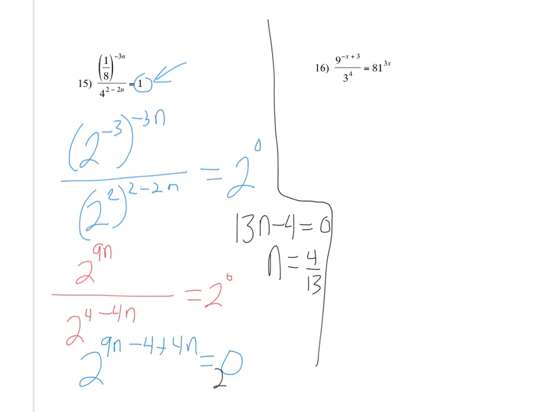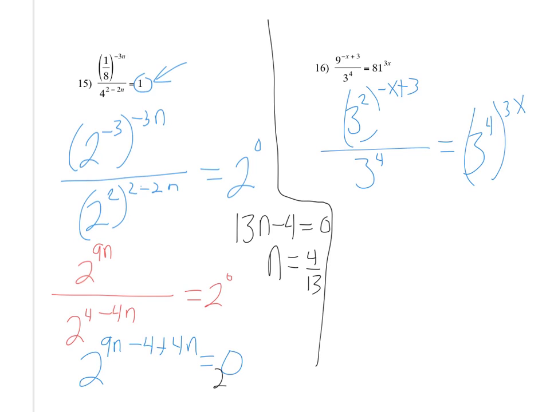Okay, and finally, we've got stuff in base 3. So I'm going to convert everything to base 3. So that's 3 squared to the negative x plus 3. We've got 3 to the 4th, and on the other side we've got 81 is 3 to the 4th to the 3x.